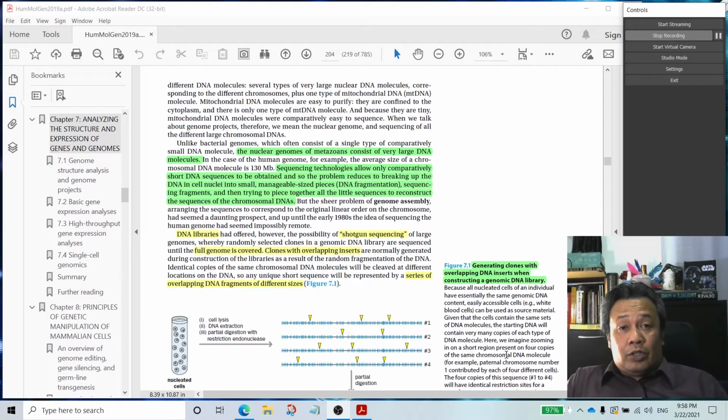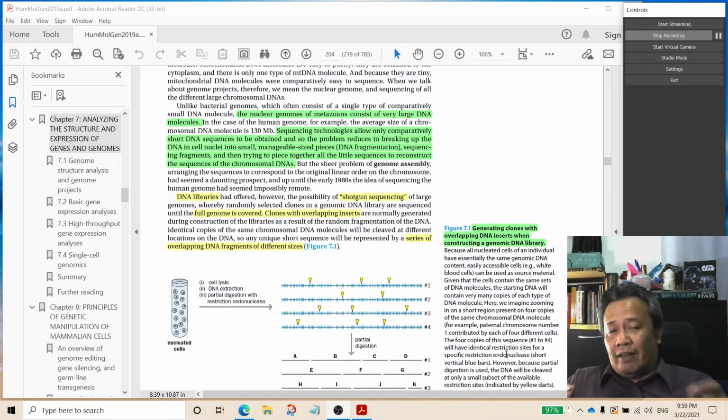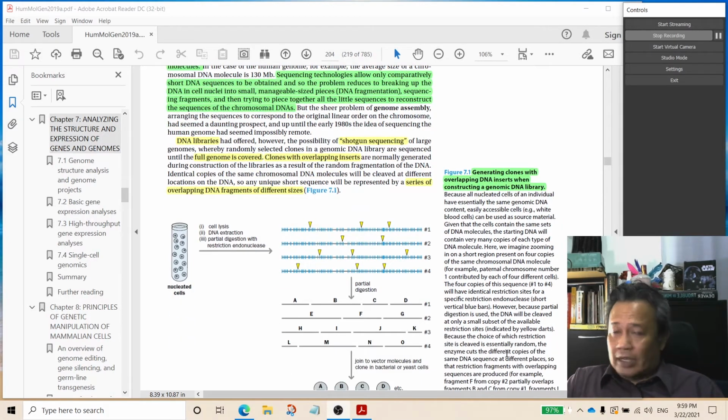In order to share the load between different laboratories in the world at that time, they had to create libraries where individual chromosomes can be obtained and analyzed individually. There are a few technologies mentioned later on.